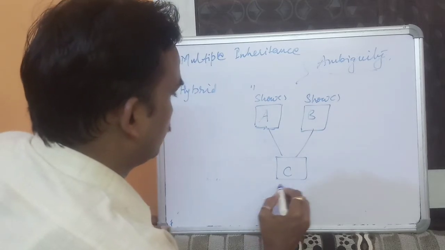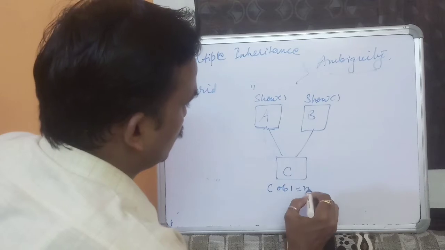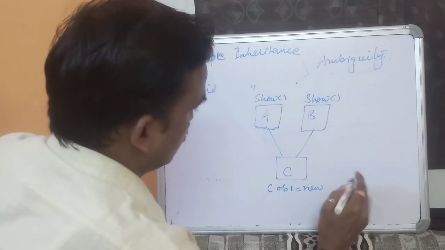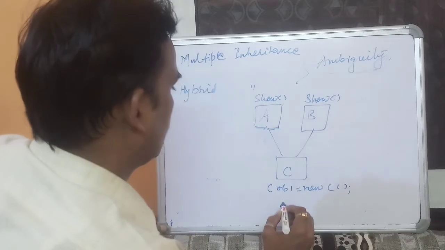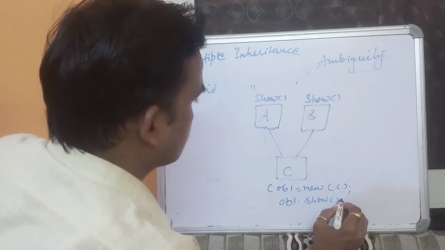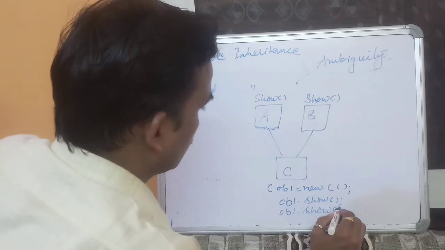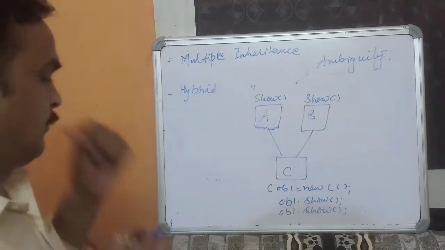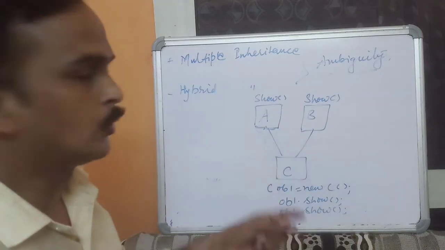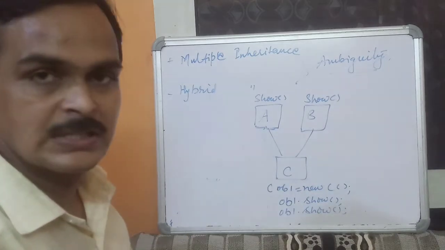Suppose C ob1 equals new C, then ob1 dot show of class A and ob1 dot show of class B. The compiler will be confused about which show method belongs to which class, because both methods have the same name in two separate classes.